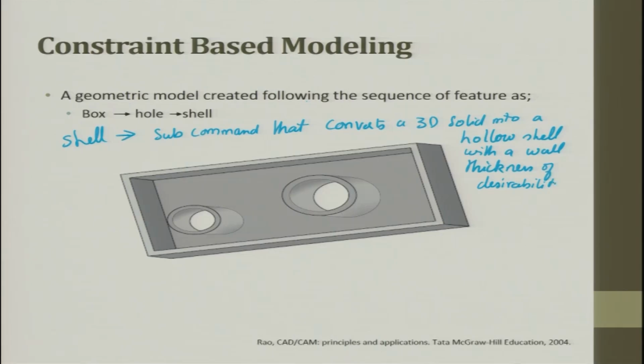This is the shell, whatever we talk about. Okay, shell box, then we have a hollow, then we have a shell. Shell is nothing but a subcommand that converts a 3D solid into a hollow shell with a known wall thickness.